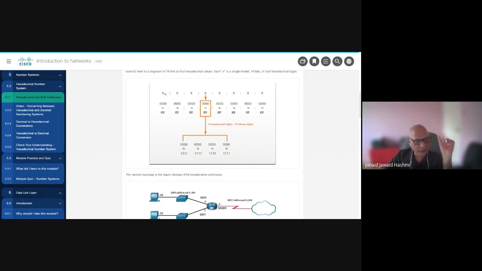Okay, in IP version 4 they're called octets, and in IP version 6 they're called hextets. Okay, and they also use binary numbers that are converted into hexadecimal.